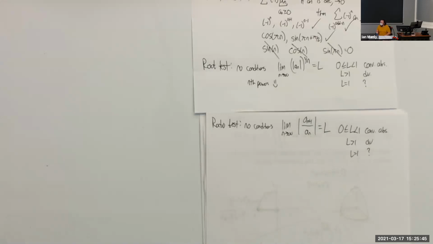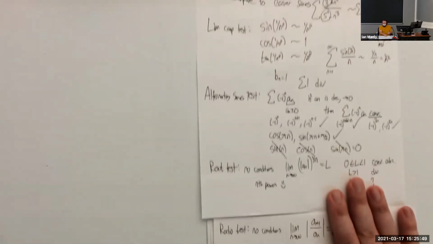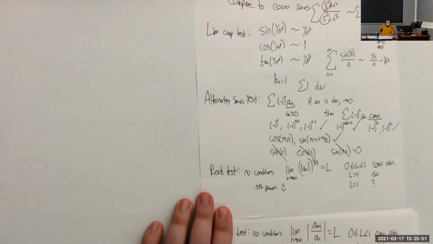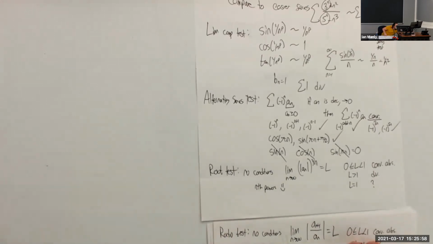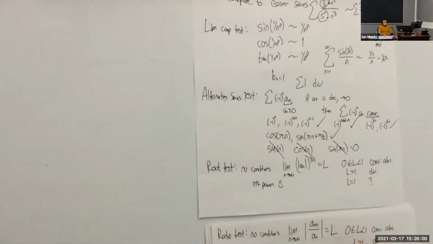Or should we study the max error? Yeah, so that's something you need to know as well. So for the alternating series test, thanks for reminding me of that. Remember that there was a way of determining the error when you use the partial sum instead of the series.